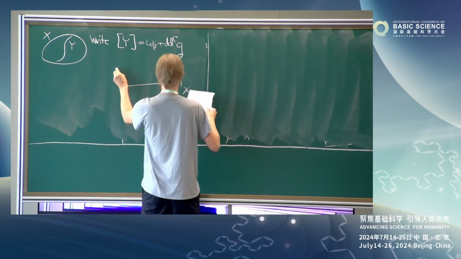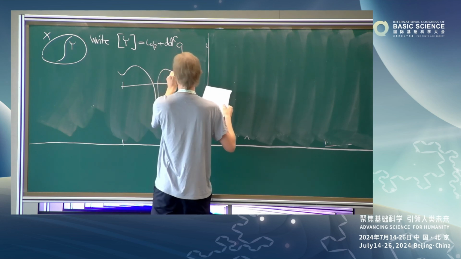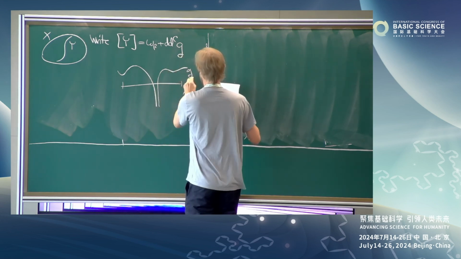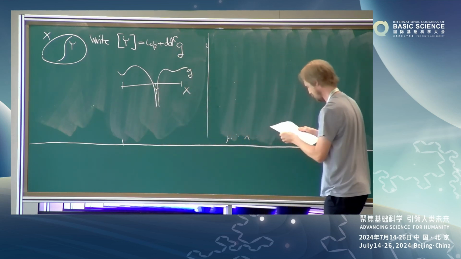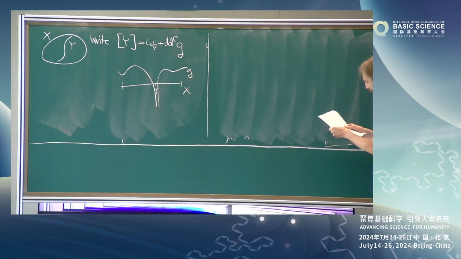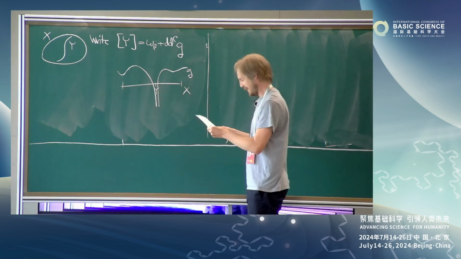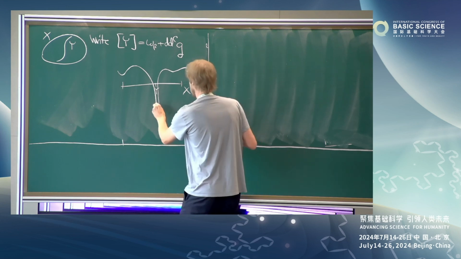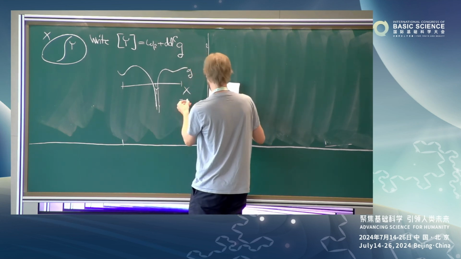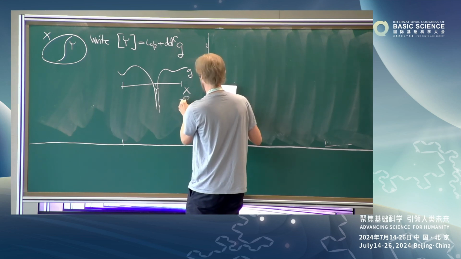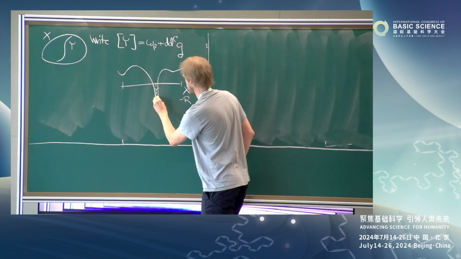Let me indicate it like that, for reasons that will be apparent in a bit. So g is singular, but if I take some maybe large value R, then I can regularize g.